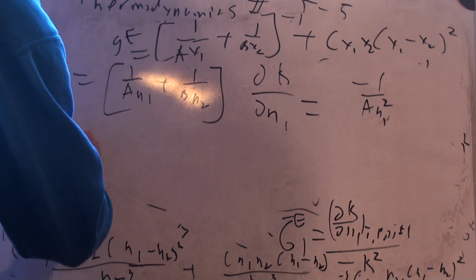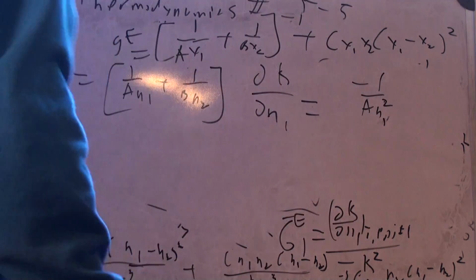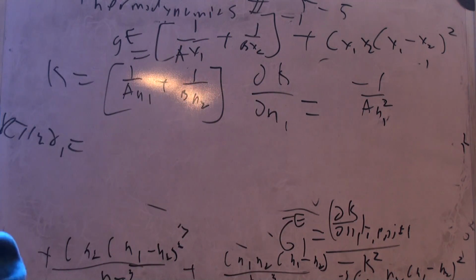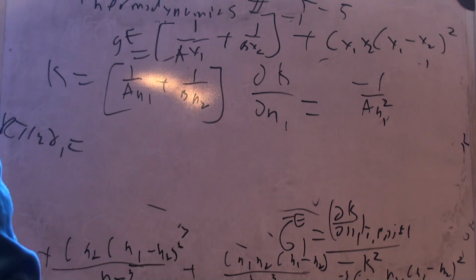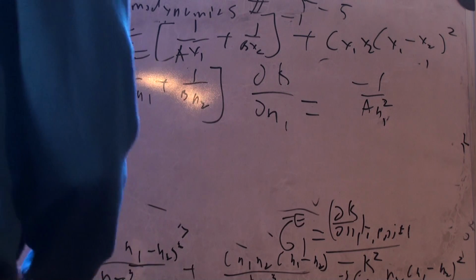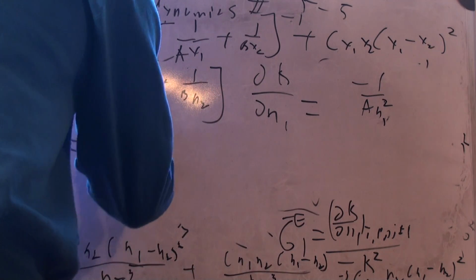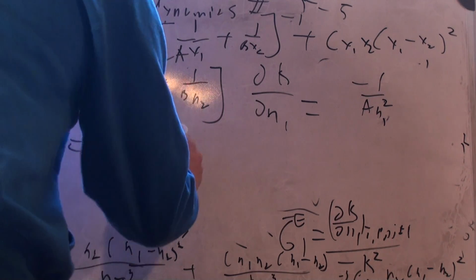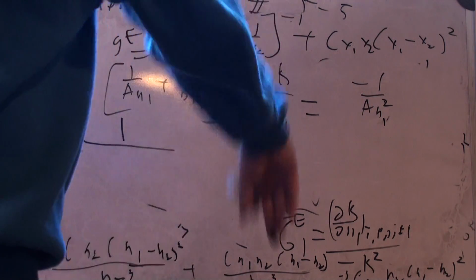Okay, so RT natural log gamma 1 is equal to dκ/dn1, which is minus 1 over minus kappa squared. Okay, so it's this thing squared. So I've got 1 divided by that thing squared, times that thing.